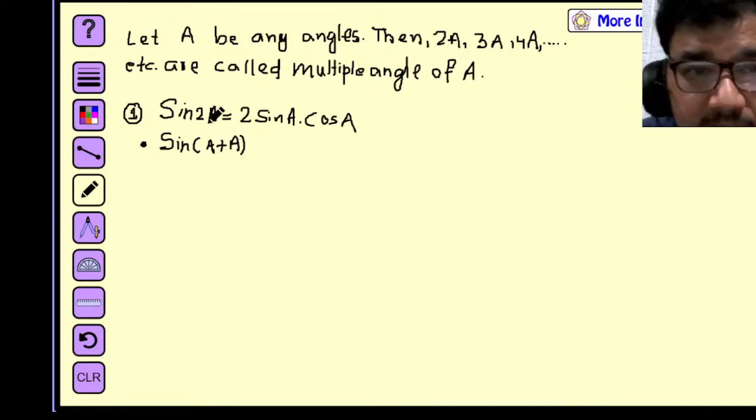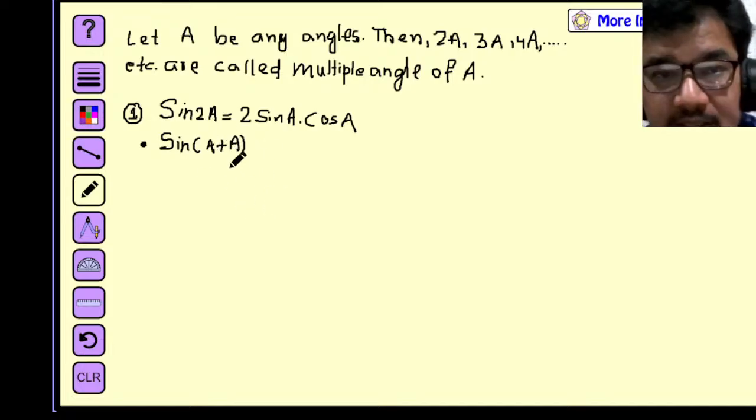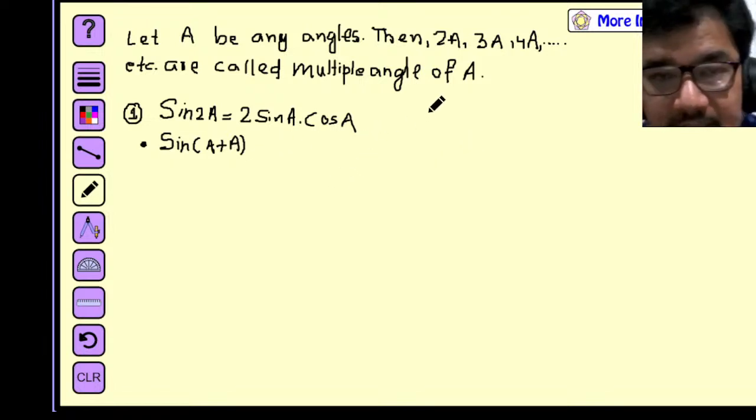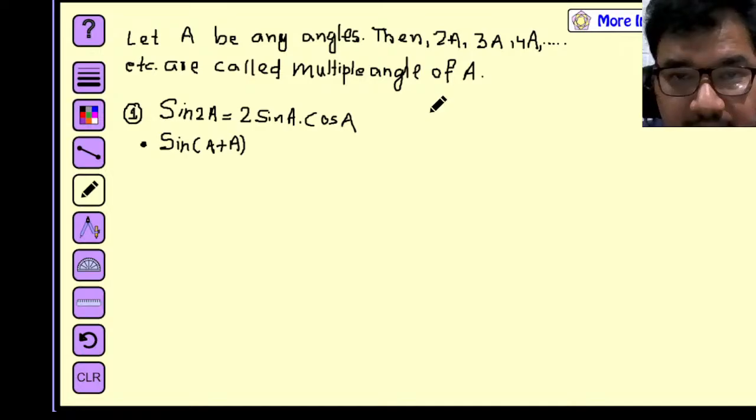That's why in place of 2A, I have written A plus A. And we know the formula of compound angles. This is the main formula that I am going to show you here.